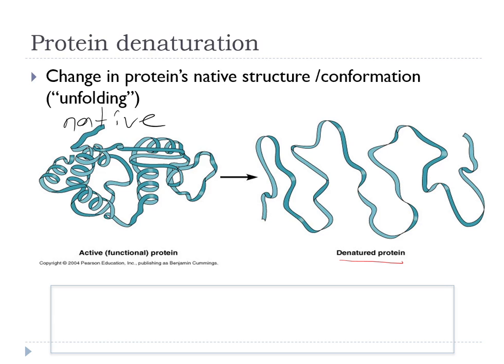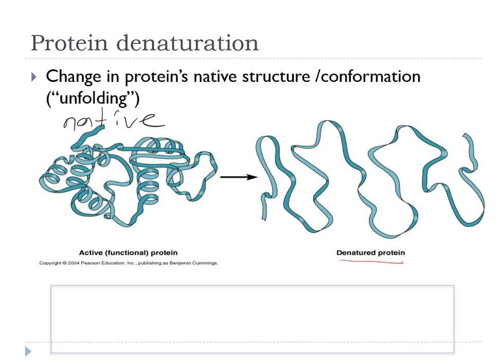Can it be primary structure? No, it cannot, because primary structure is just the linear sequence of amino acids. It's just a linear random coil. So that's why we cannot talk about losing the shape in that situation. It's not three-dimensional.